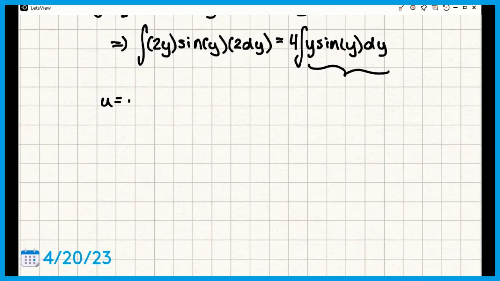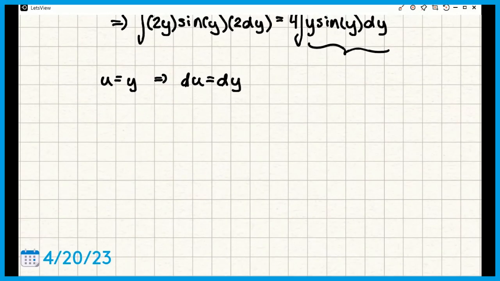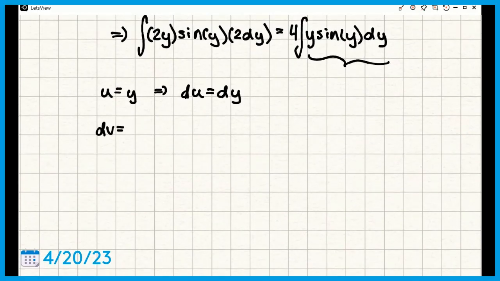So we're going to set u equal to y, and then consequently we get du is equal to dy. And if we set dv equal to the remaining bit of the expression inside the integral, we get sine y dy.